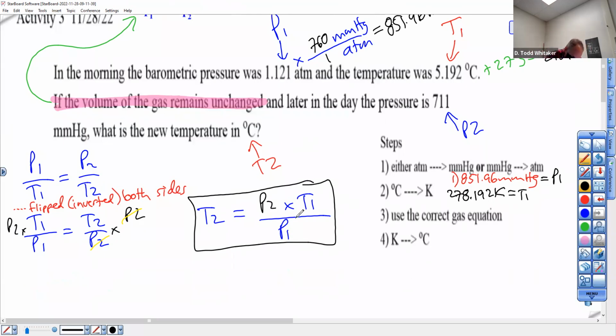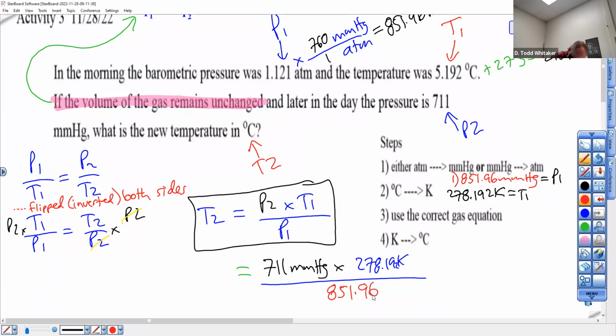T2 equals 711 millimeters mercury times T1, which was 278.192 Kelvin, all over P1, which is 851.96 millimeters mercury. Canceling. Loving it.